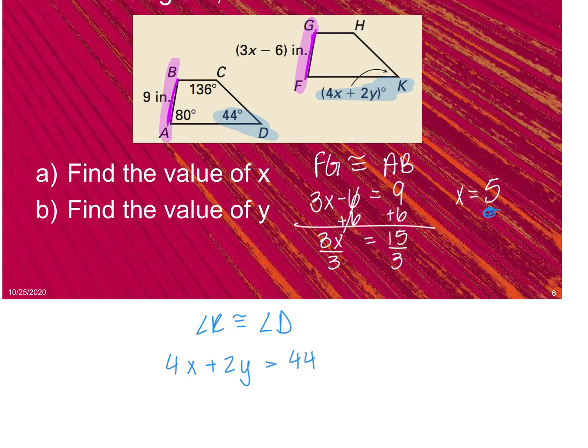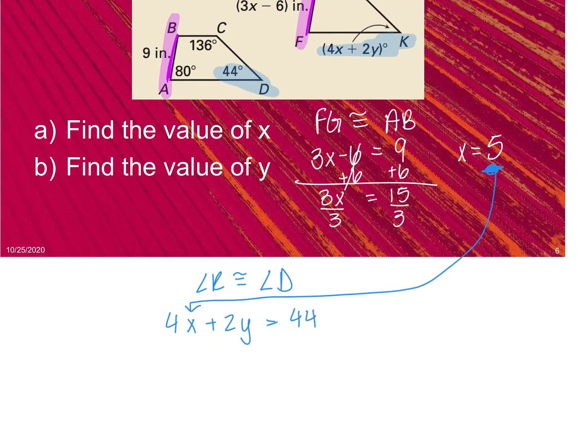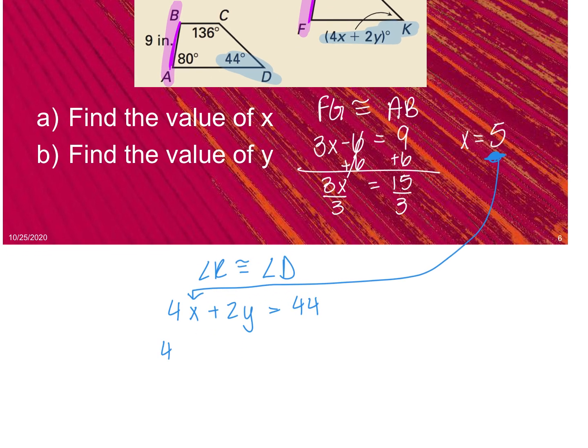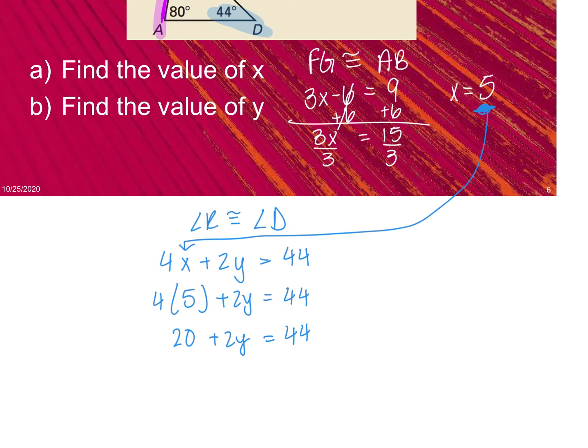I'm going to take this 5 right here and plug it in for x. So I have 4 times 5 plus 2y equals 44, and I'm solving for y. I get 20 plus 2y equals 44. Subtract 20 from both sides. 2y equals 24.